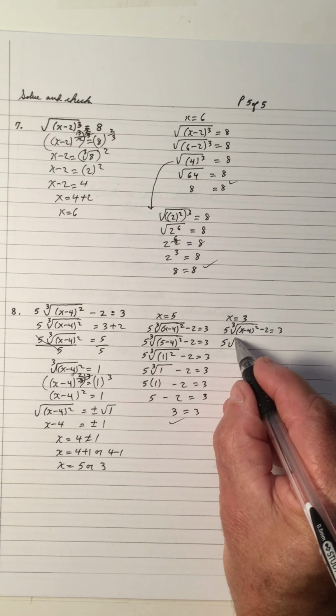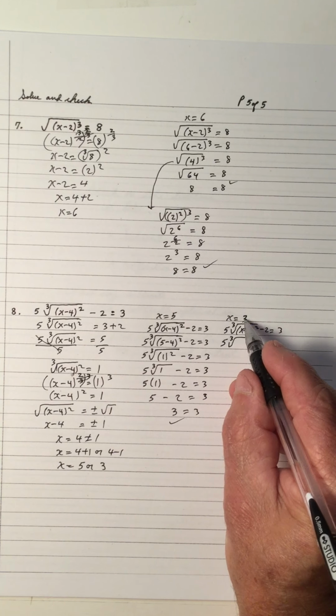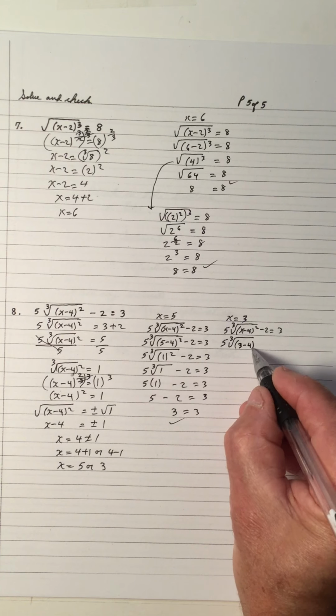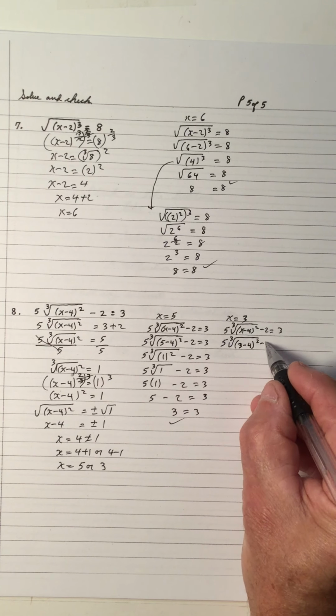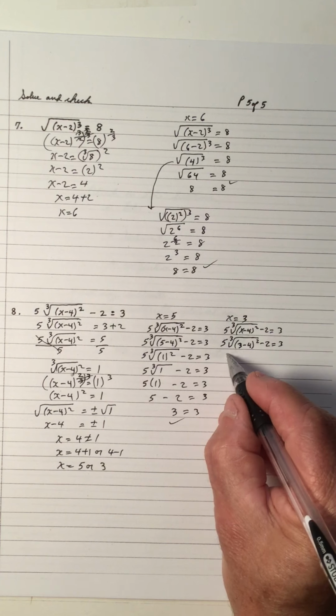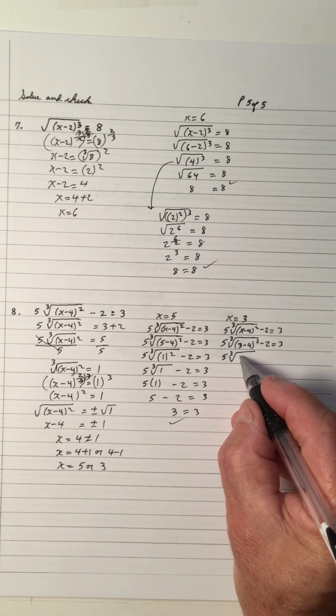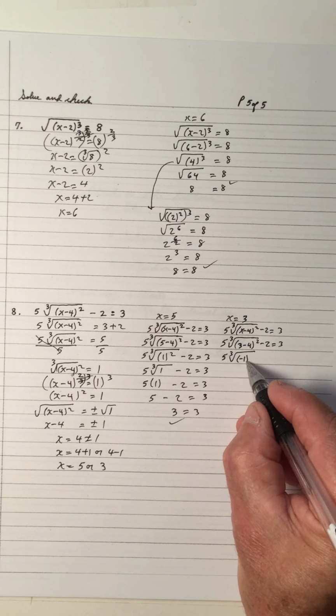Cube root, x is 3. 3 minus 4 is negative 1.